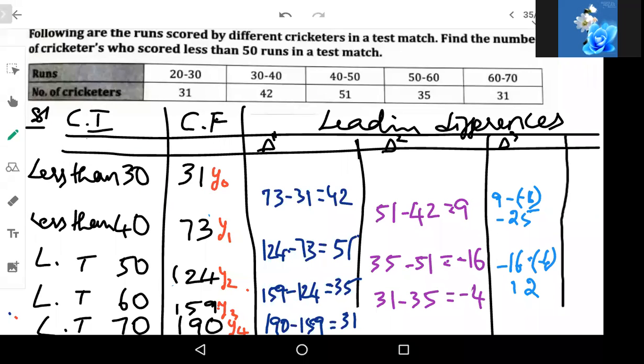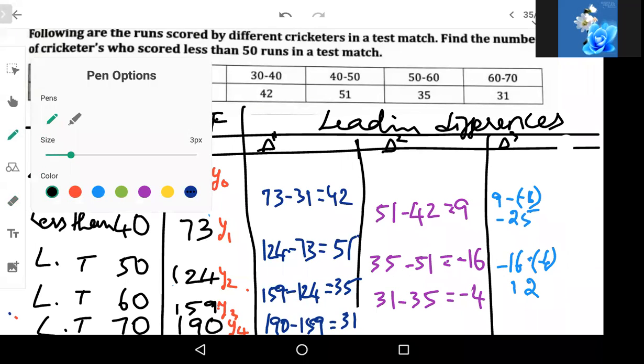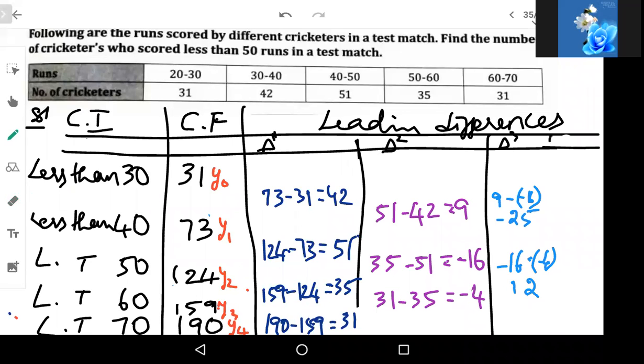Until you get only one value, you have to find the leading difference. Now here we have got two values. Let us find the last value. The fourth leading difference is between minus 25 and minus 12, which will give you minus 13.